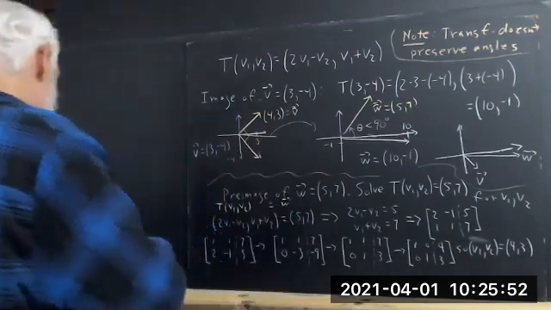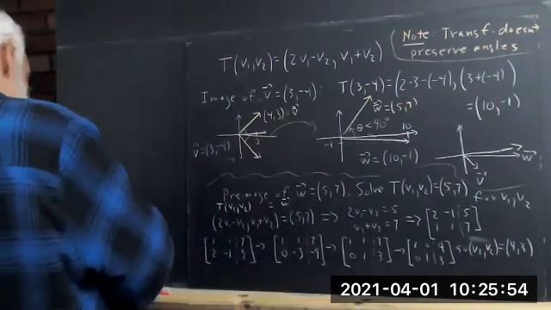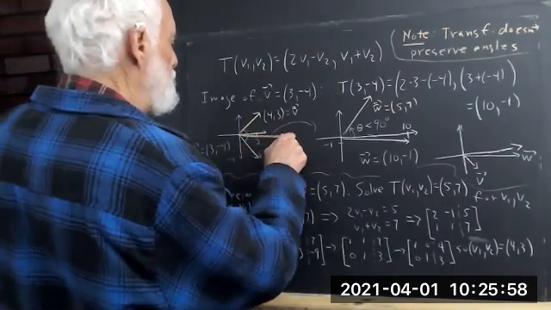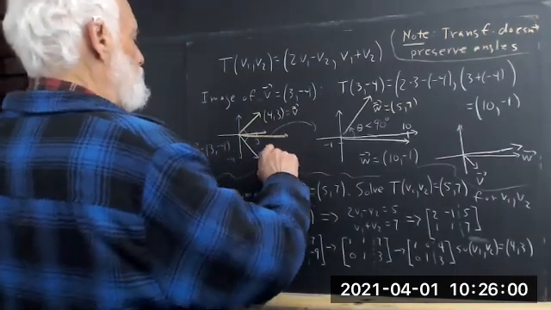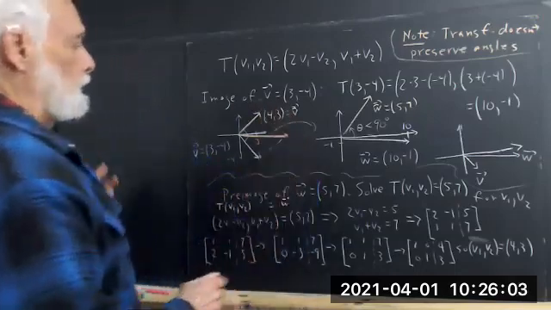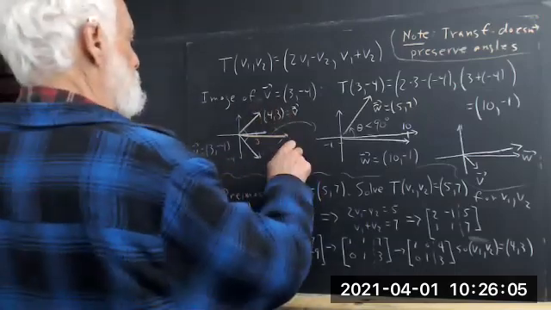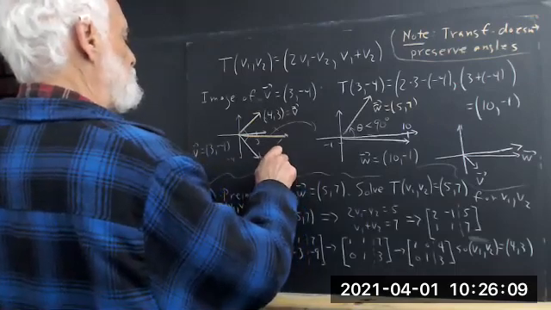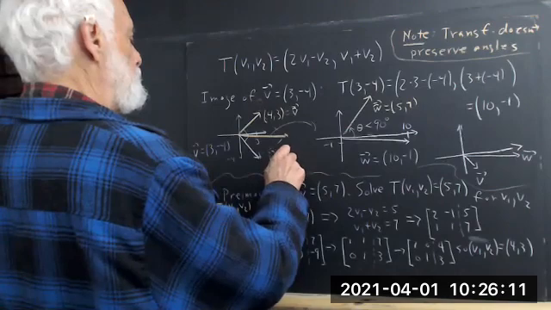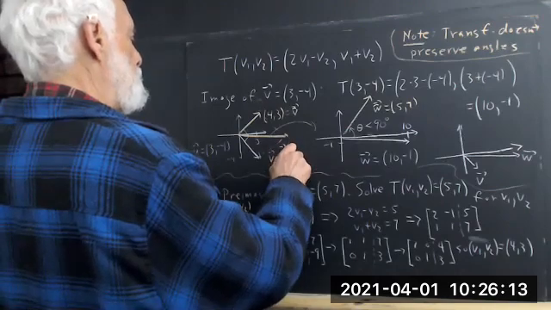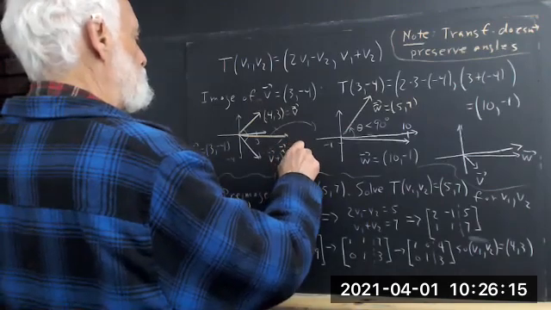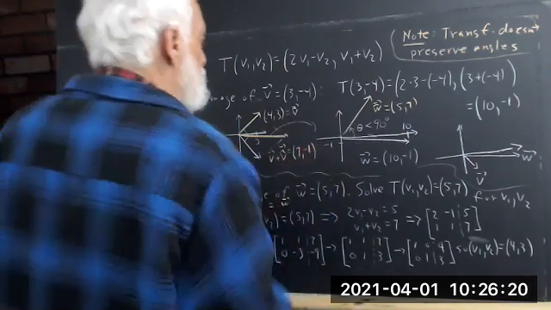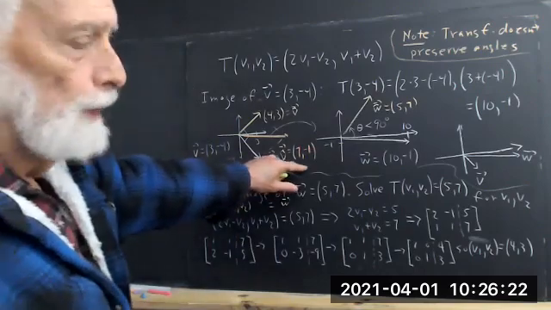I grabbed the wrong piece of chalk. Okay, so if I do parallelogram or whatever, I get the vector V plus V hat equals 7, -1.